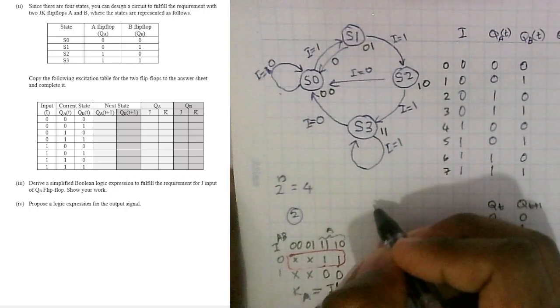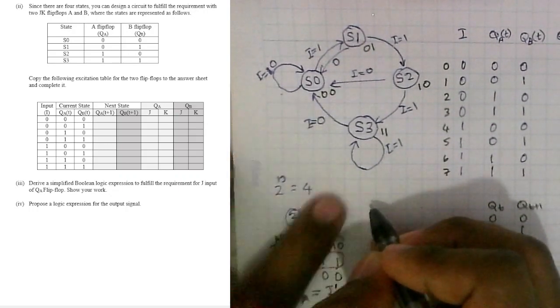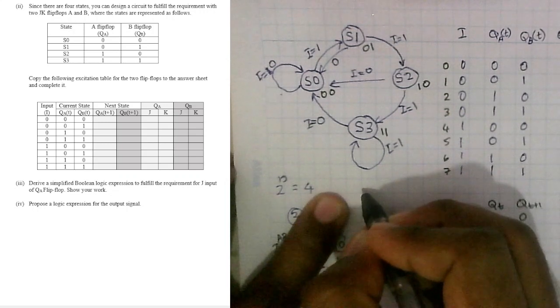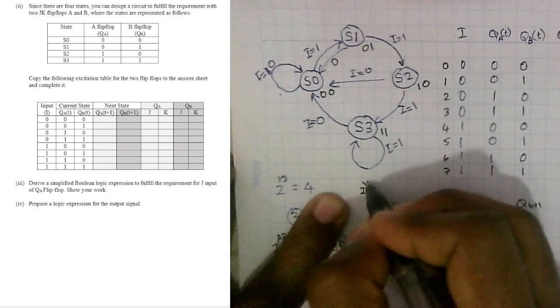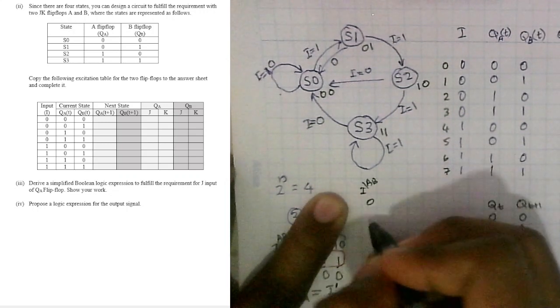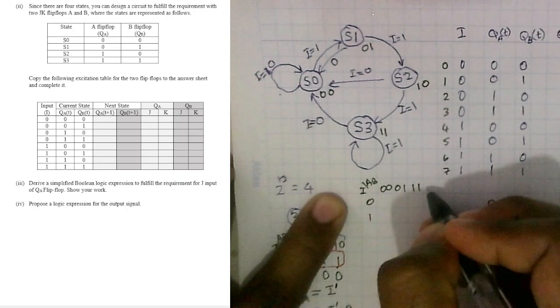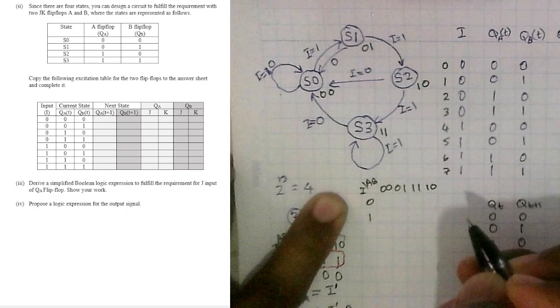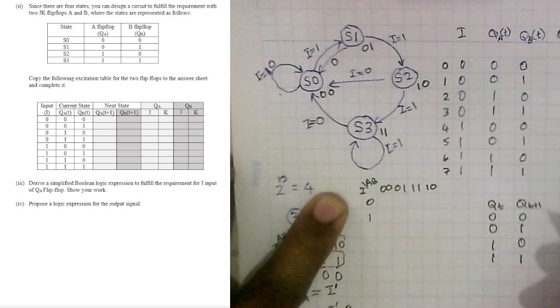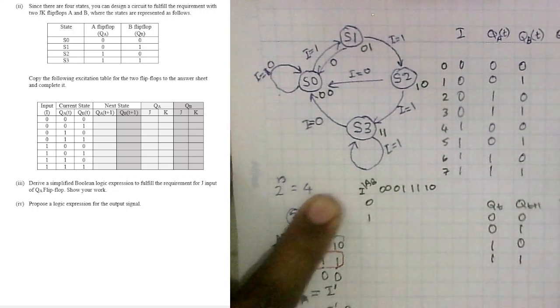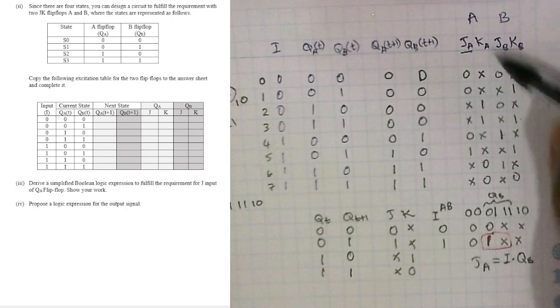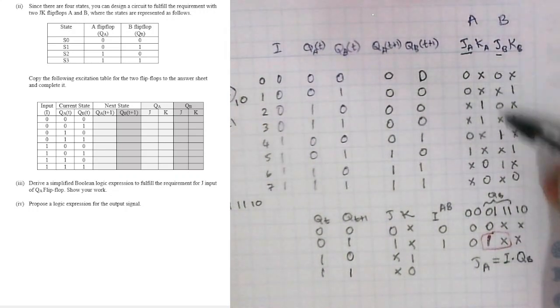Next one is JB, right? JB again. So I go with I A B 0 1 0 0 0 1 1 1 1 0. Okay. So I'll be copying the signal from JB here, right? JB, this column.